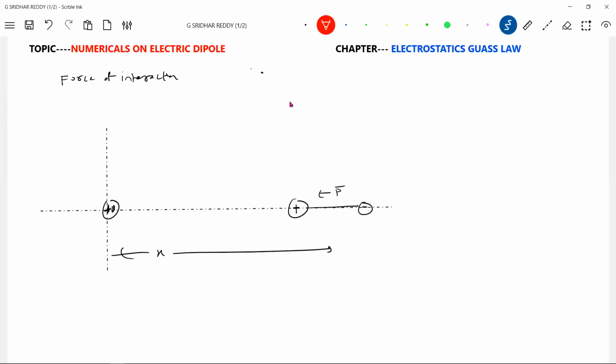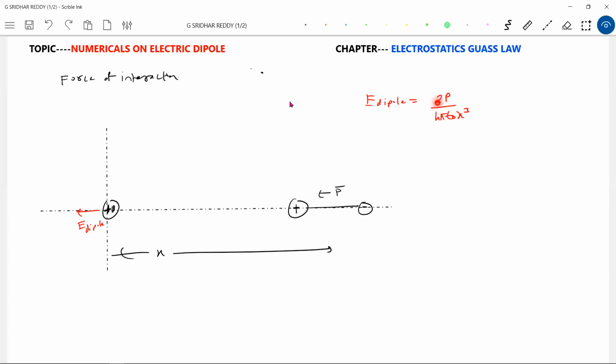What is the electric field strength due to the dipole on the axis? That should be equal to 2p by 4 pi epsilon naught x cube. Can you remember? The electric field on the axis of the dipole should be 2p by 4 pi epsilon naught x cube. On the bisector, this 2 will not be there.